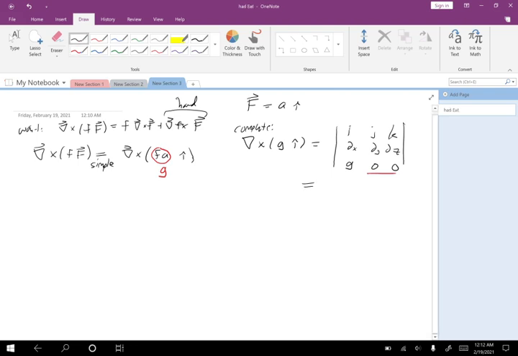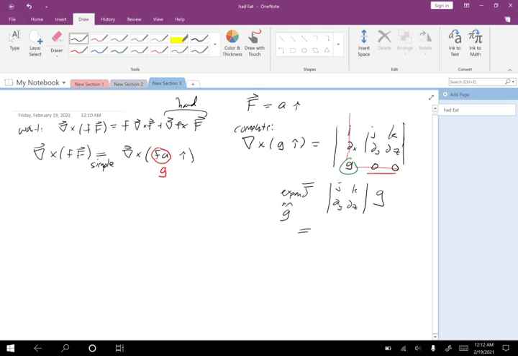So now I'm going to expand on G. What that means is I'm going to circle that G, and I'm going to delete all the other rows and columns that match G. So you'll have G times the remaining determinant. So you'll have a j, you'll have a k, you'll have a d/dy, you'll have a d/dz.